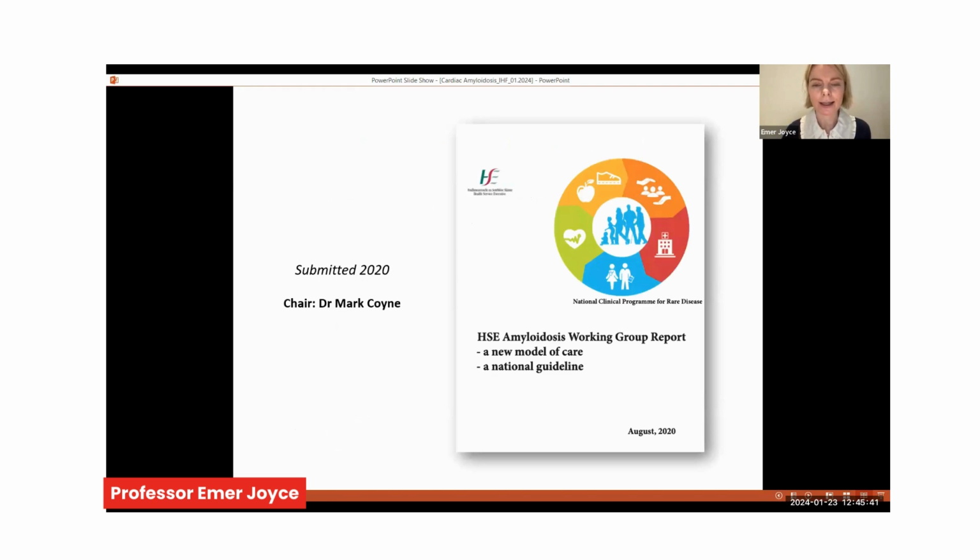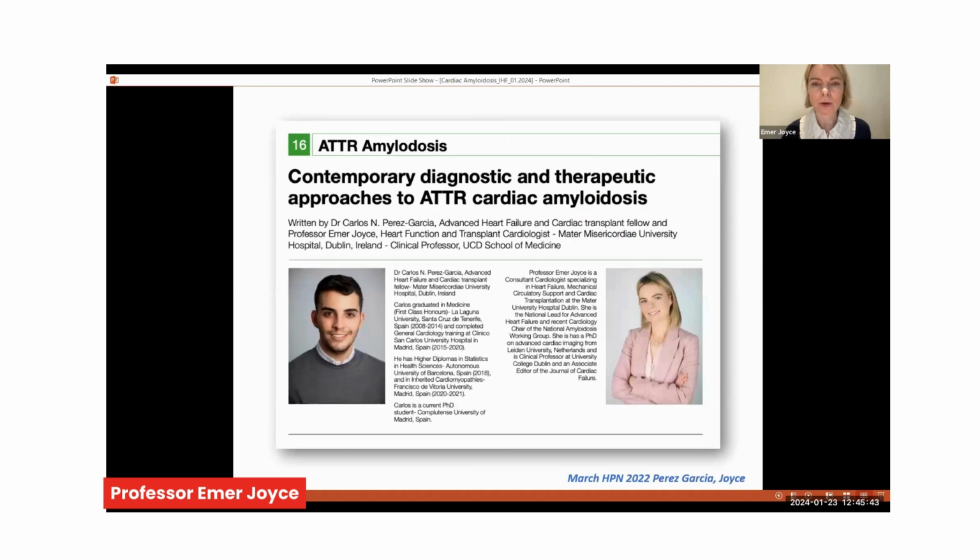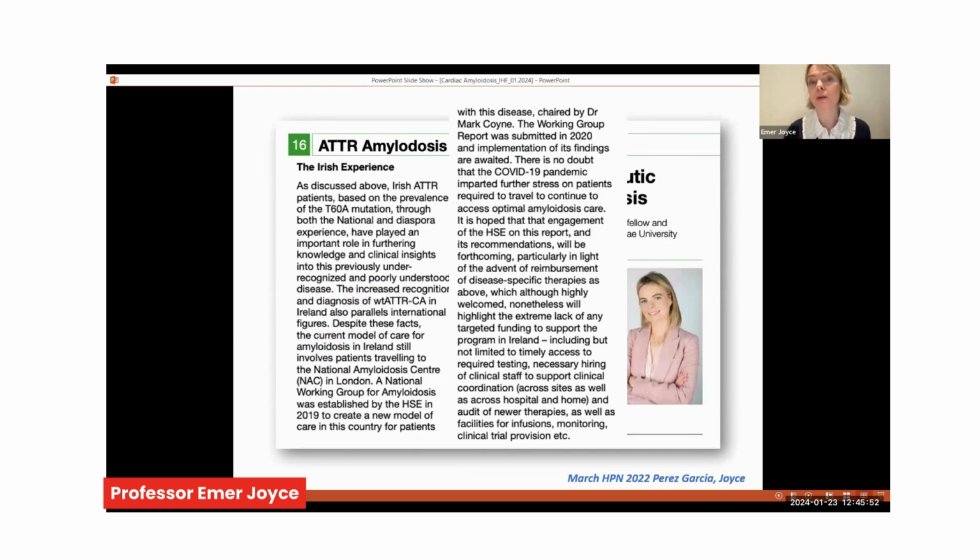That's just a general overview. We wrote a working report in 2020, still not funded, which is unfortunate, because there's so much more that we could do, and there's such a need in amyloidosis. Thank you to the Donegal AMI group, the wonderful group who've been helping us with this and getting it through the HSE and the DOH, in terms of patients' questions and representative questions, because we really need it.